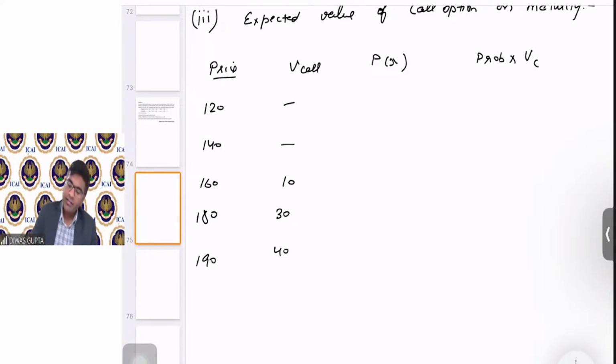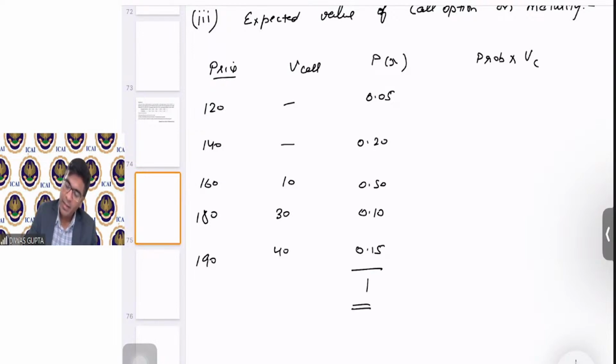So the probability, which is given in the question, will be 5%, 20%, 50%, 10%, 15%. 5, 20, 50, 10, 15, so this is all 1.